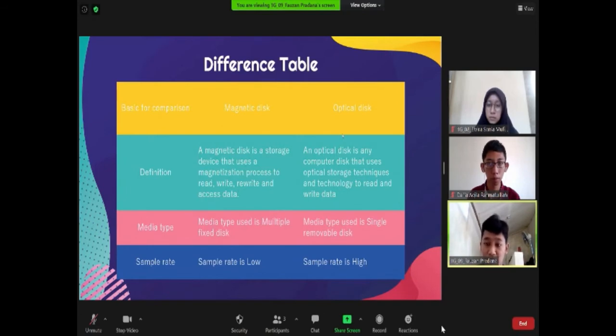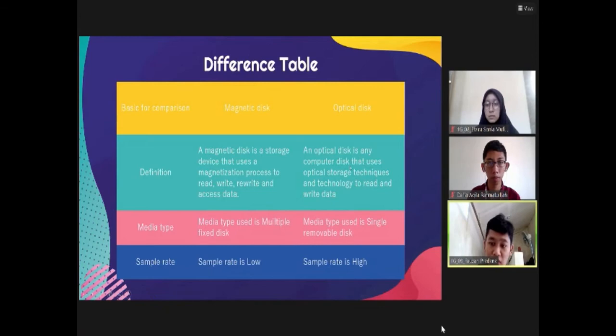But an optical disk is any computer disk that uses optical storage techniques and technology to read and write data. Based on media type, the magnetic disk uses multiple fixed disks, but the optical disk uses a single removable disk.